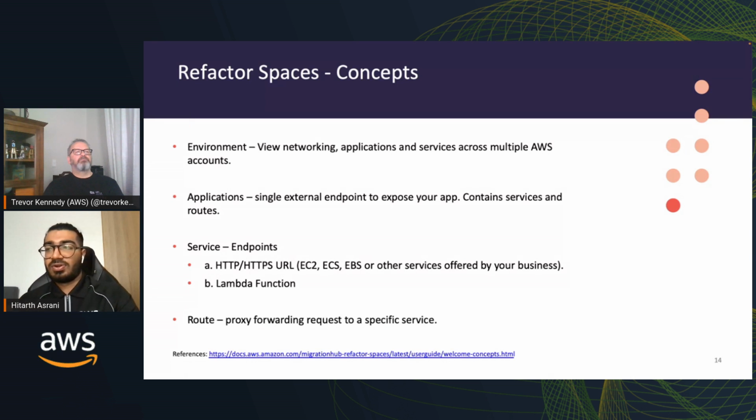You can use a lot of those endpoints, and you can use Lambda functions. We're looking at both of these. In our live demo, the monolith will basically be an EC2 instance, and we'll have a Lambda function that we'll add. And lastly, we've got the routes, which are just proxies that forward requests to a specific service.